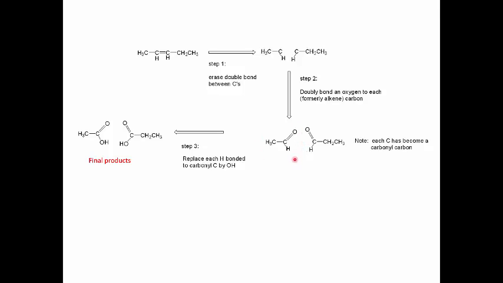So for the one on the left, we'll take this hydrogen here, erase it, and write in place of it an OH. The other one, that hydrogen shown here, we'll erase it and replace it by an OH. And we're done. These are the final products that will form.